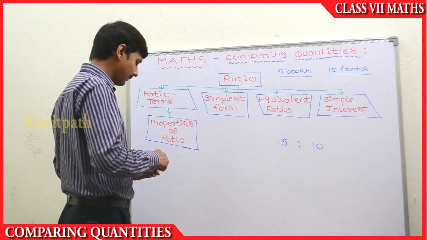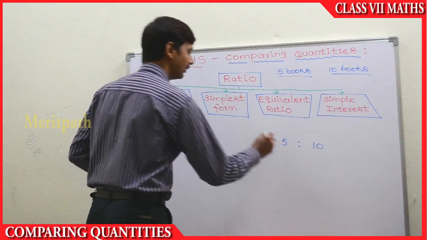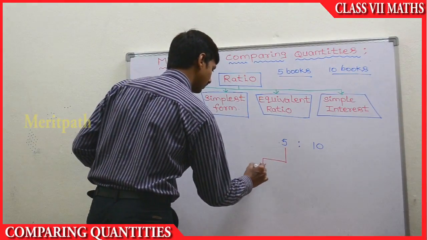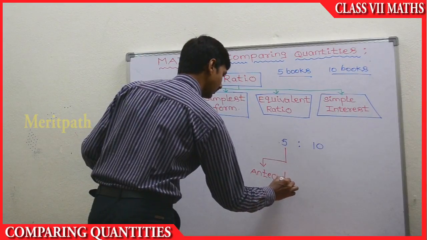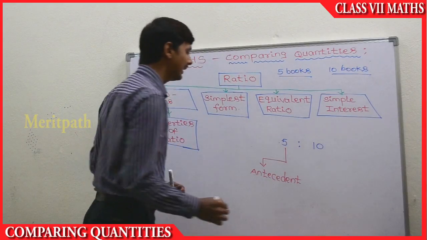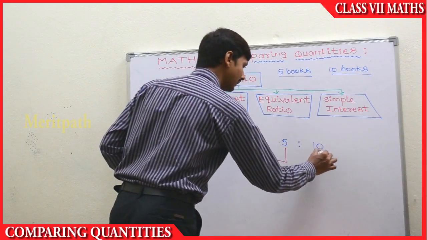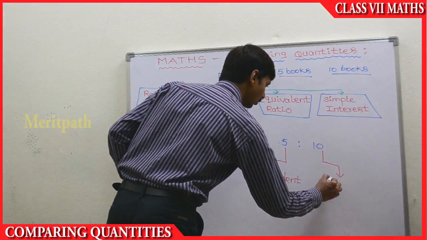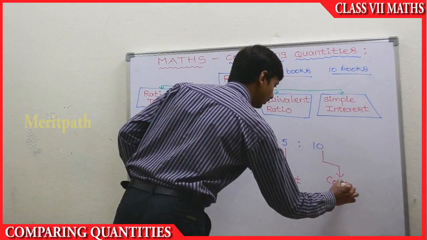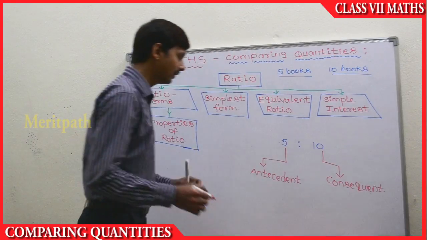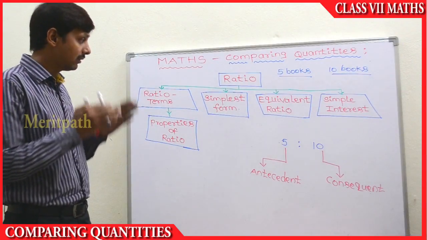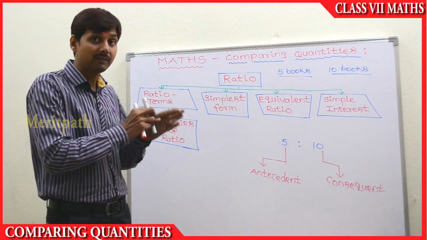The first part is called the antecedent, and the second part is called the consequent. The first one, on the left hand side, is the antecedent.